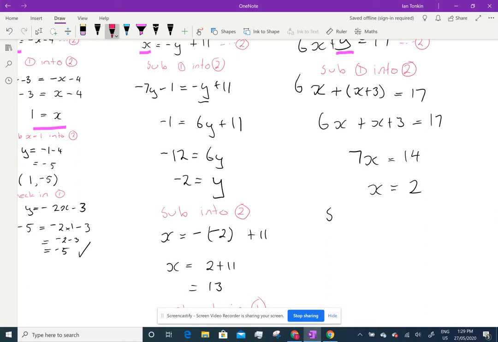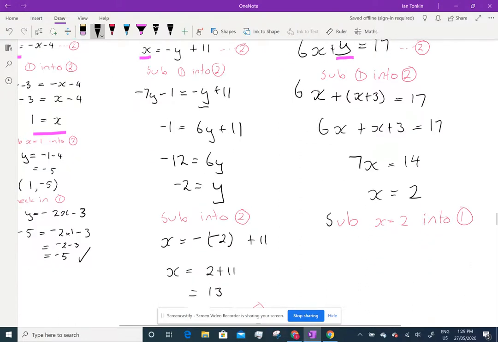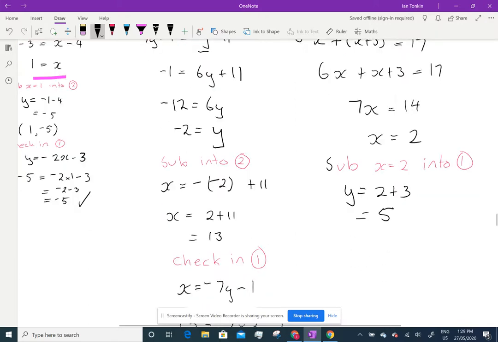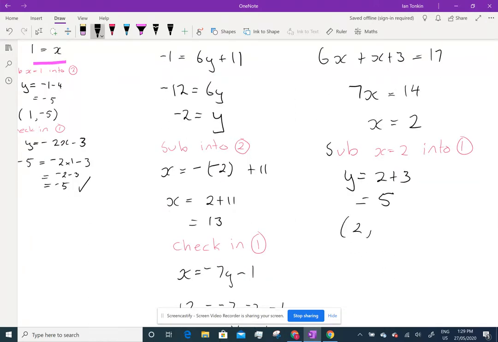Sub this value, x equals 2, into equation number 1, because it's already written as y equals. And y equals 2 plus 3 equals 5. So I've got a solution, 2 and 5.